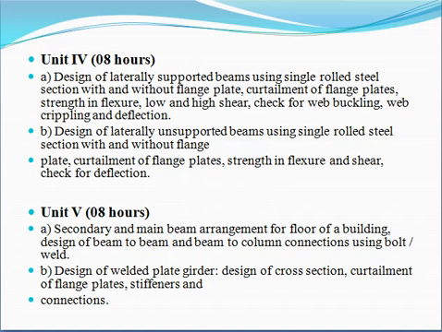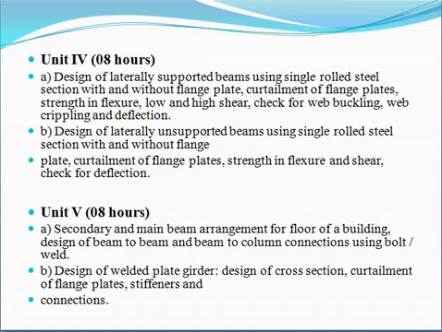Similarly, in part B, we have to study design of the laterally unsupported beams using single rolled steel sections with and without flange plate, curtailment of flange plates, strength in flexure and shear, and check for deflection. This is all about unit number 4.